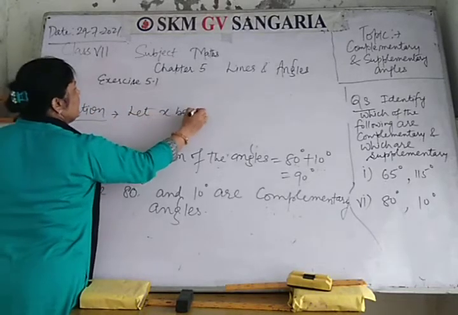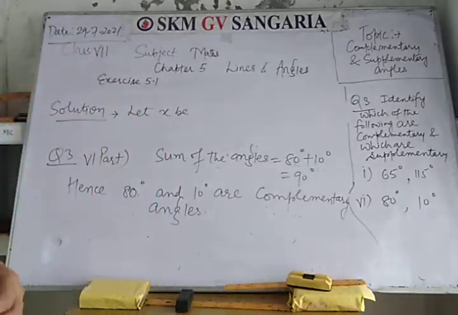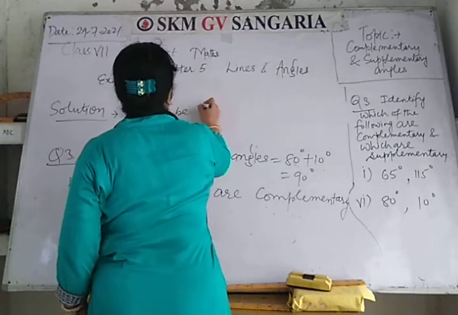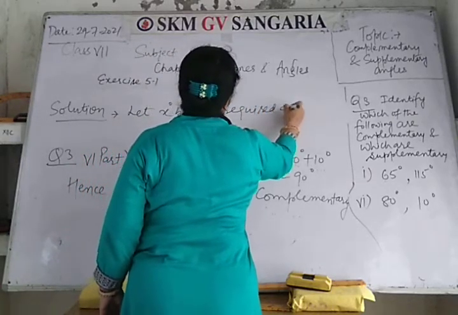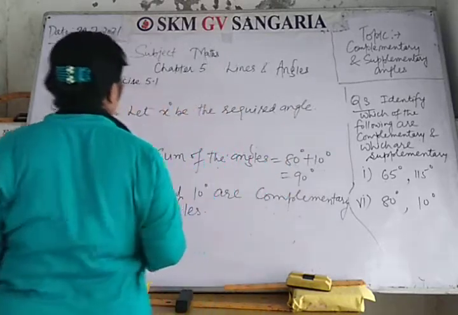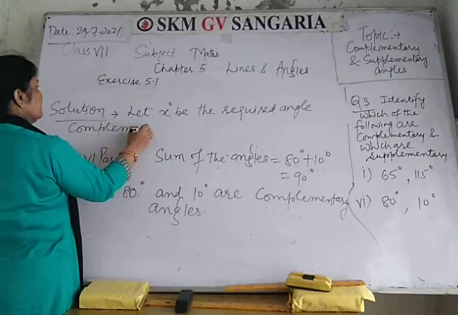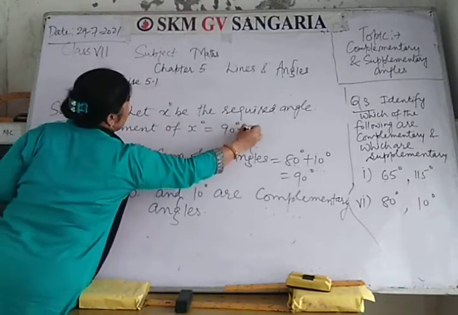Let x degree be the required angle. So the complement of x degree will be 90 degree minus x degree.